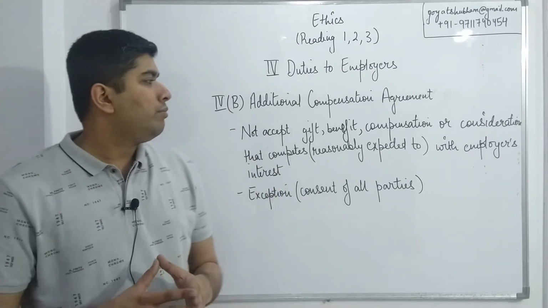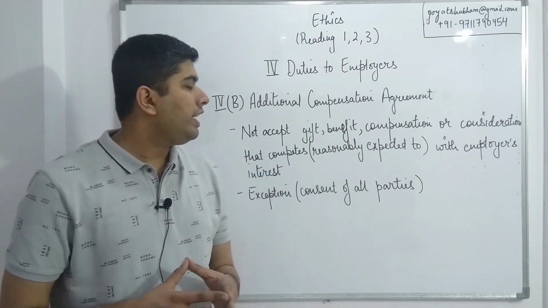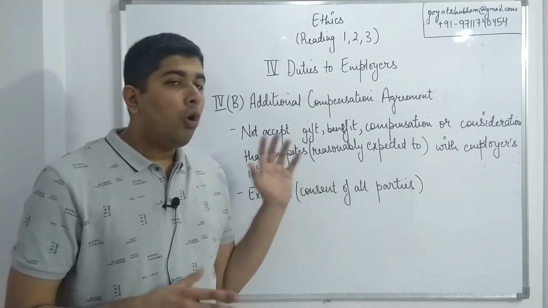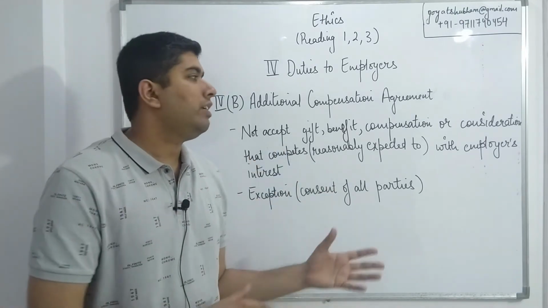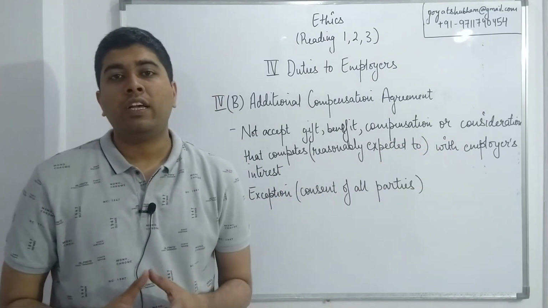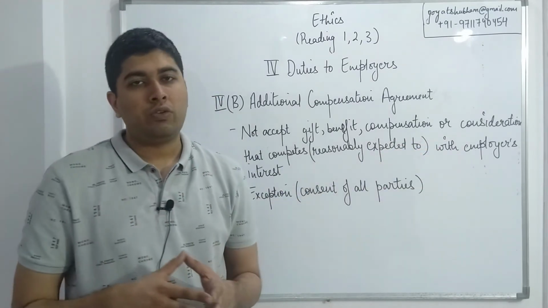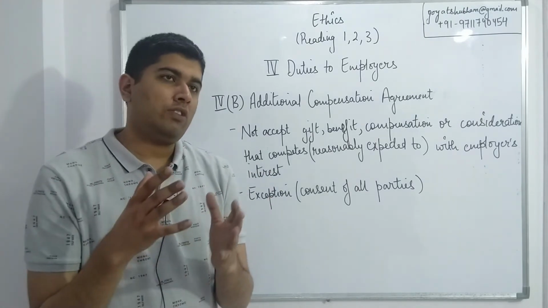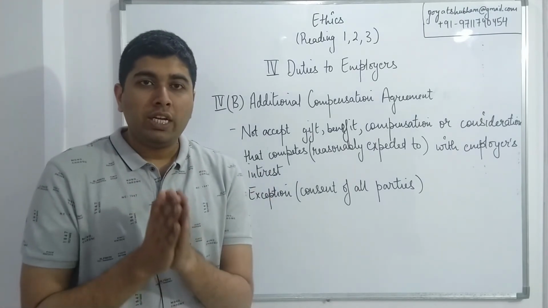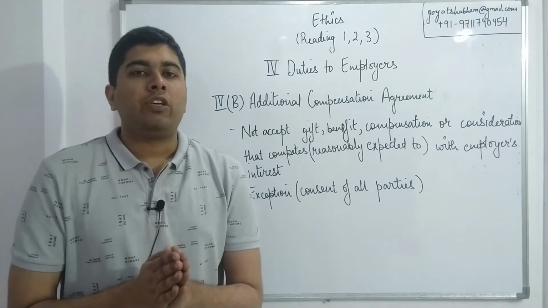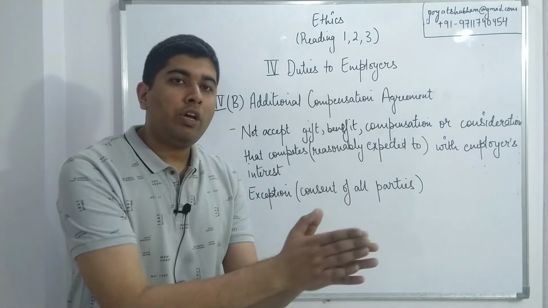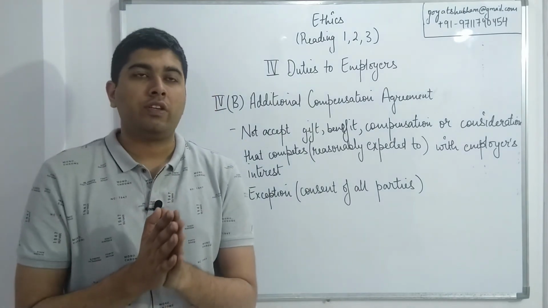So the standard is simply saying do not accept any gift, benefit, compensation, or consideration that competes or might reasonably be expected to compete with the employer's interest. So if you receive any payment from the outside that is conflicting with the salary itself. Let's put it in simpler terms. The salary that the employer is paying you, he's paying that so that you provide the employer the benefit of all your skills.